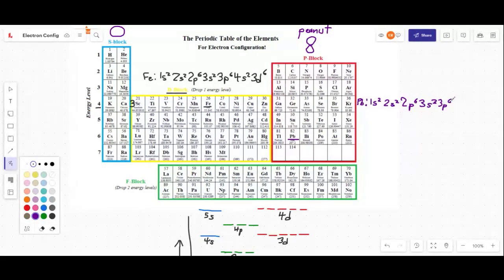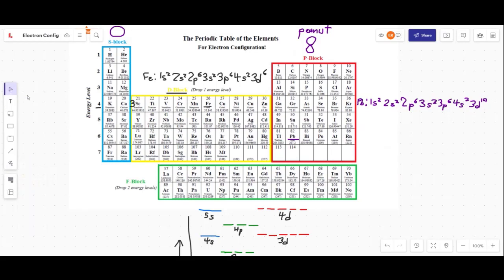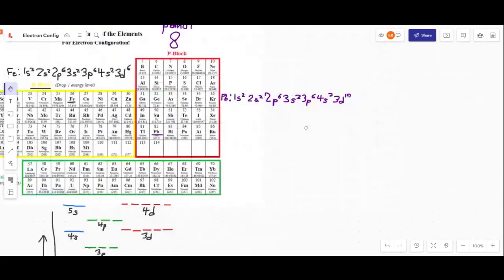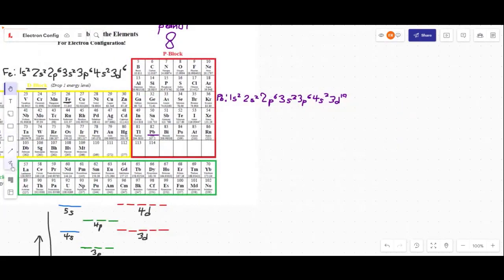Next, 4s2. And then 3d 1, 2, 3, 4, 5, 6, 7, 8, 9, 10. Ethan, you were 3d10. Very good. You were very close, Ethan. You get 90%. I need to pull my screen over. There we go.